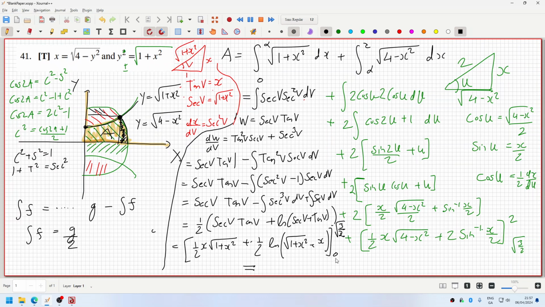But I'm just going to highlight this because I still have to demonstrate that the integral here is log sec plus tan. So that's a kind of a workings that I skipped over just because I'm running out of space. Actually, I could do it. I can do it on the side here.